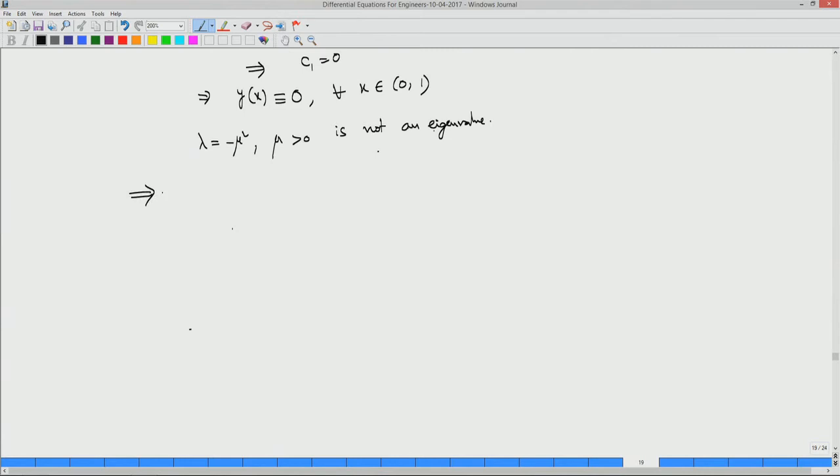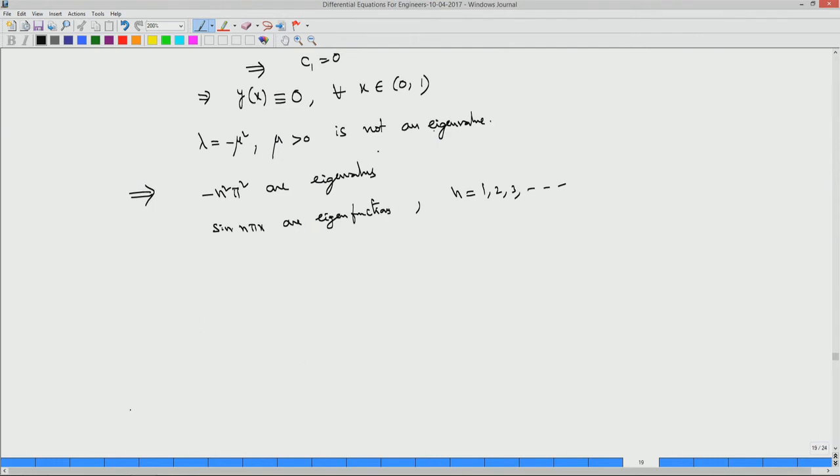So, the final answer is minus n square pi square as eigenvalues, and then sin n pi x as eigenfunctions corresponding to n from 1, 2, 3 and so on, because n equal to 0 is not an eigenvalue. When n equal to 0, you see that this becomes 0. So, these are your eigenvalues and eigenfunctions.